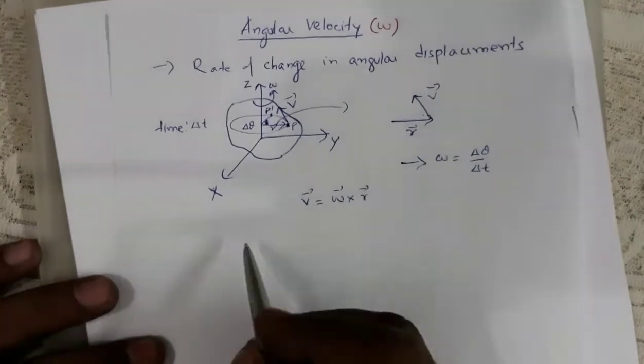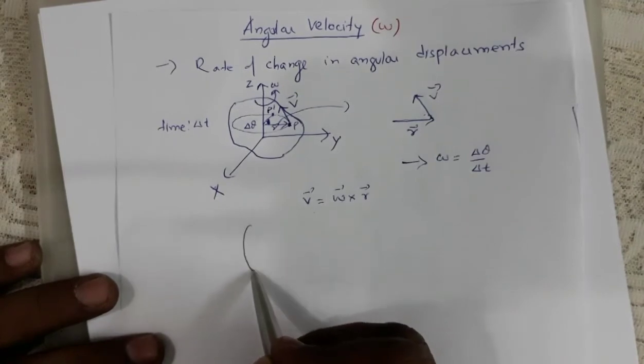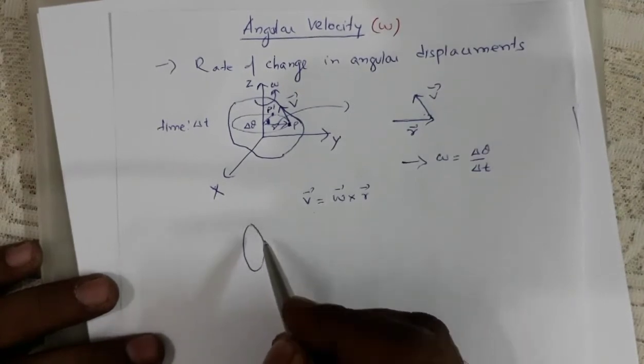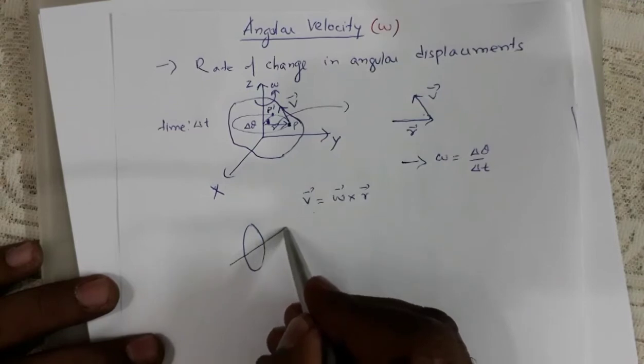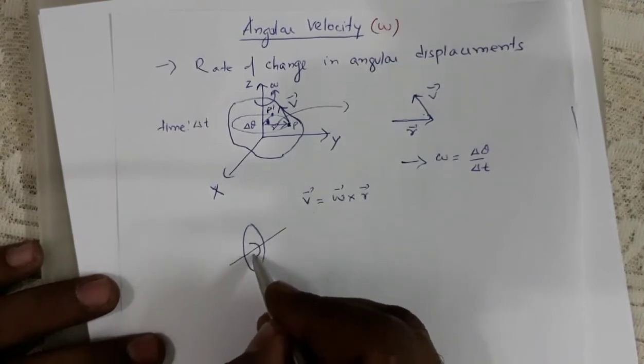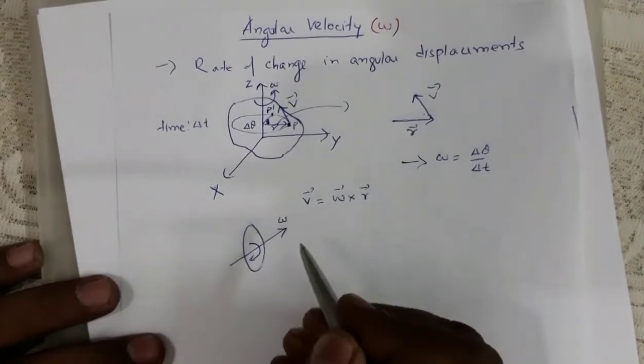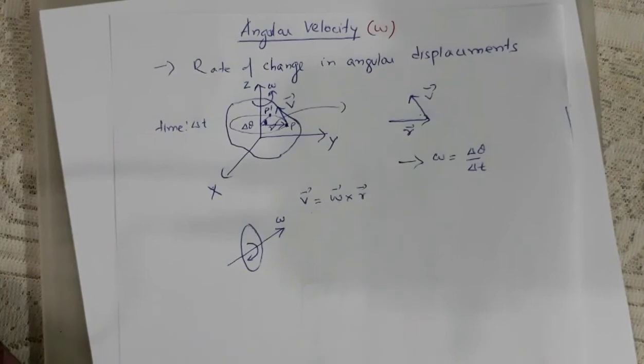Let me represent this with the help of a figure. This is a disk, and this is the axis of rotation. If the rotation is in this direction, then this is the direction of omega.